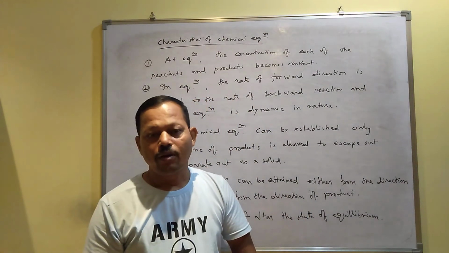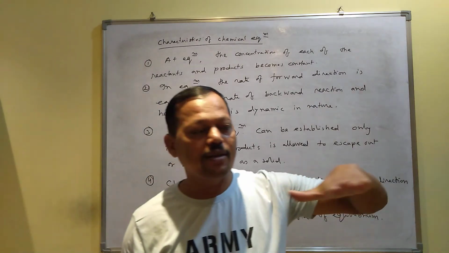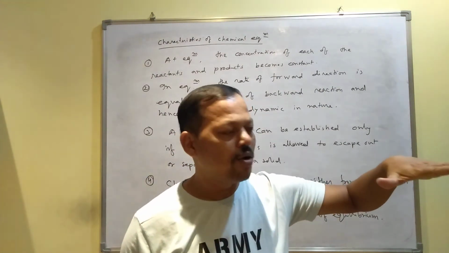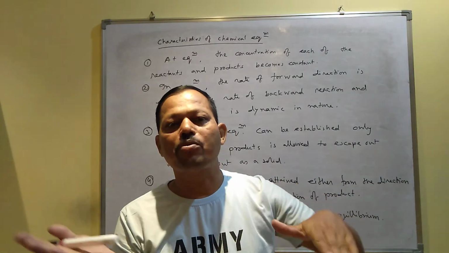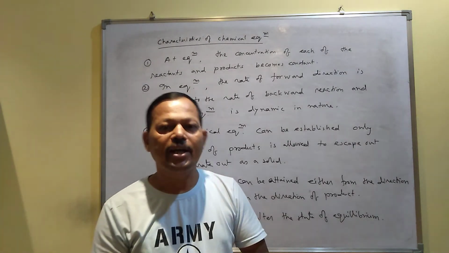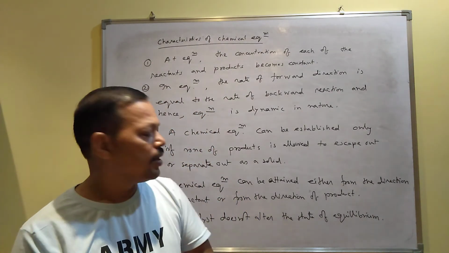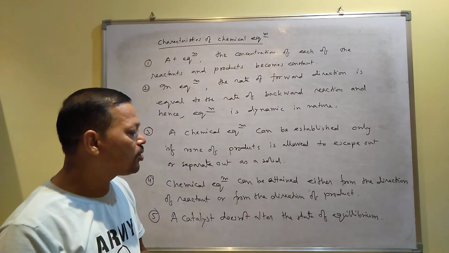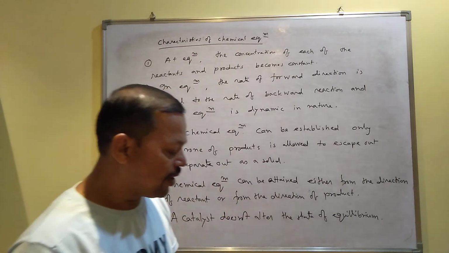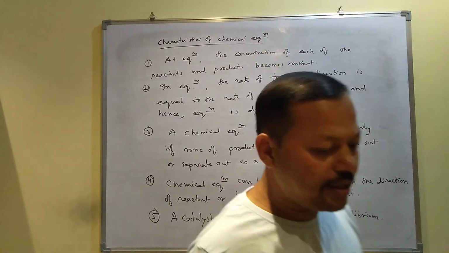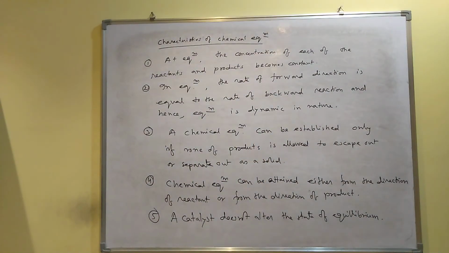So when you increase the rate of forward direction, automatically the rate of backward direction also goes on increasing, and that is why the equilibrium will remain the same. So that is why a catalyst does not alter the state of equilibrium. So these are the characteristics or properties of chemical equilibrium, I mean, when the reaction is in the equilibrium state.